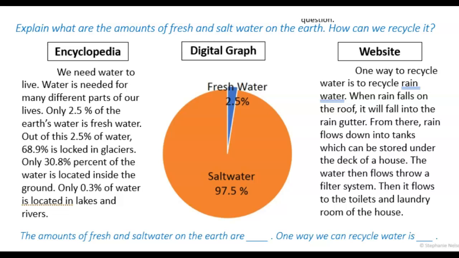And you give your answer, and then really tell, so what? What does this mean? This tells me that, and in this case, my clue would be, are we needing to recycle it? Because that goes with the next question. This website talks about what, okay, it seems like some of our fresh water is limited. What do we do? And then we can recycle it.